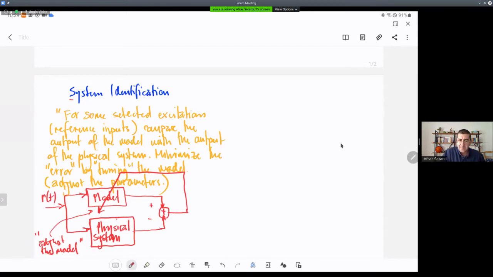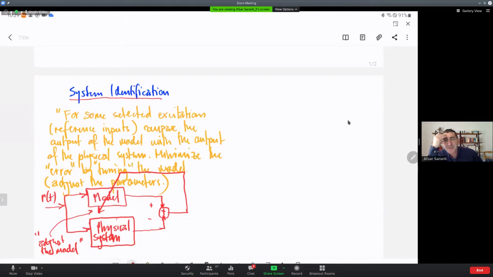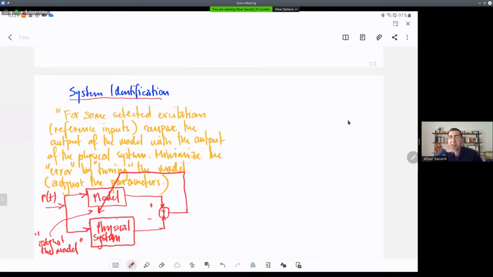Okay? So in system identification, you need to already have a model, and you conduct experiments with some selected inputs. You compare the output of the mathematical model for the same signal versus the response of the physical system for the same input signal.